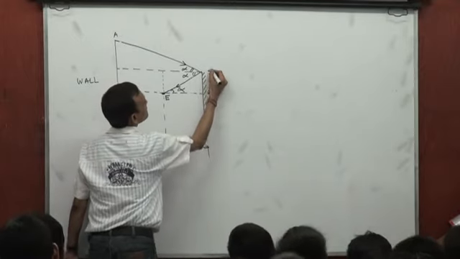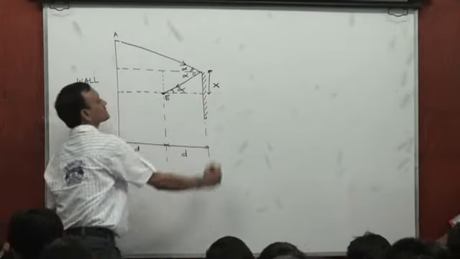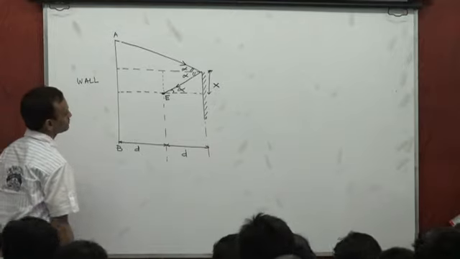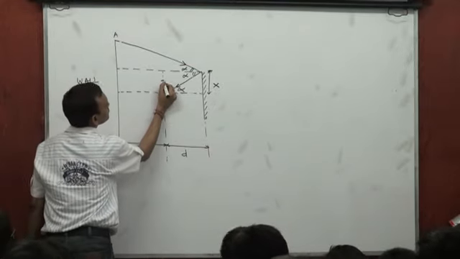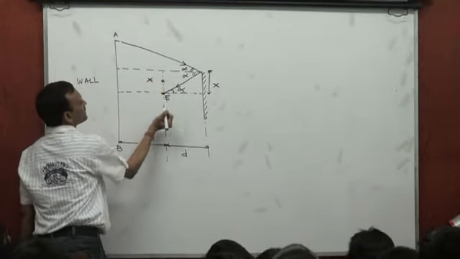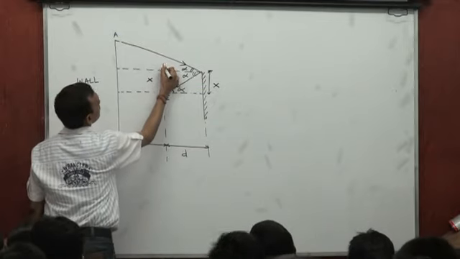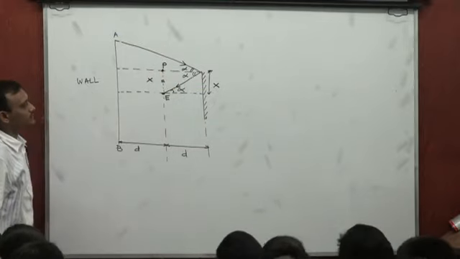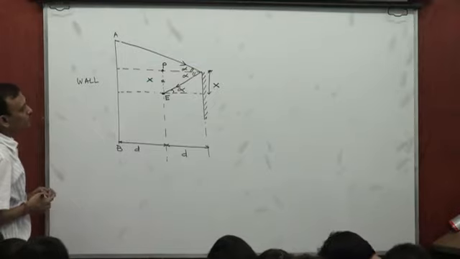Say this is x, this is x, this would be x, EP would be x.